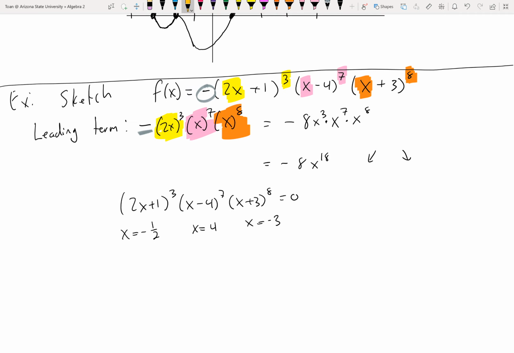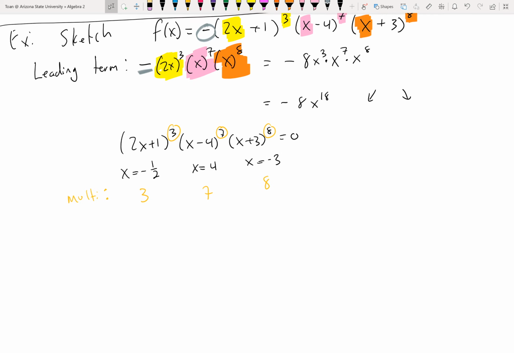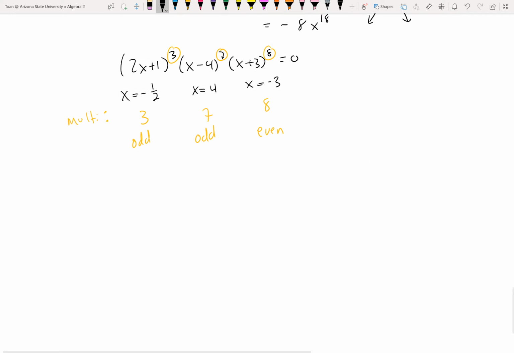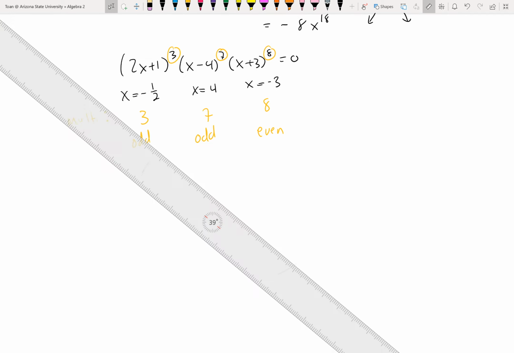But what I really care about are their multiplicities, and they're just the exponents. A 3, a 7, an 8. And I really don't care what the numbers are. I care about if it's even or odd. So the 3 is odd. The 7 is odd. The 8 is even. So now we can go ahead and do a pretty okay-ish sketch.